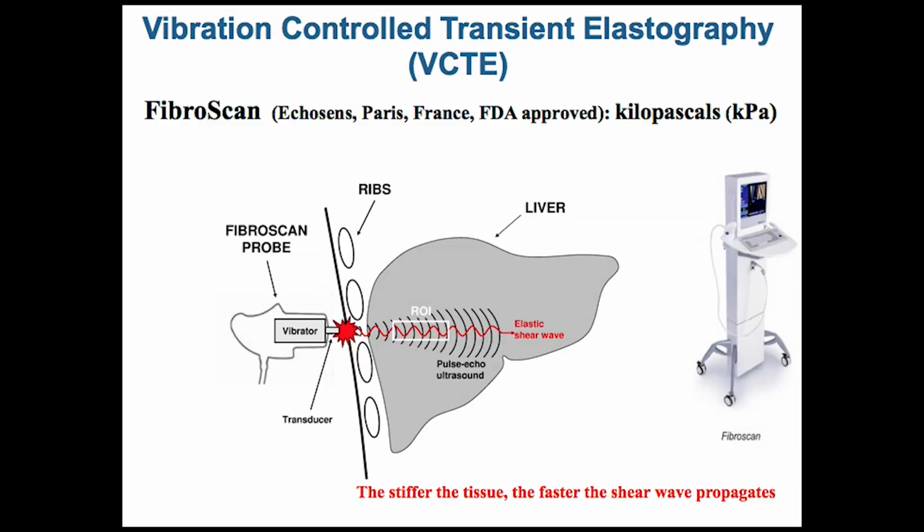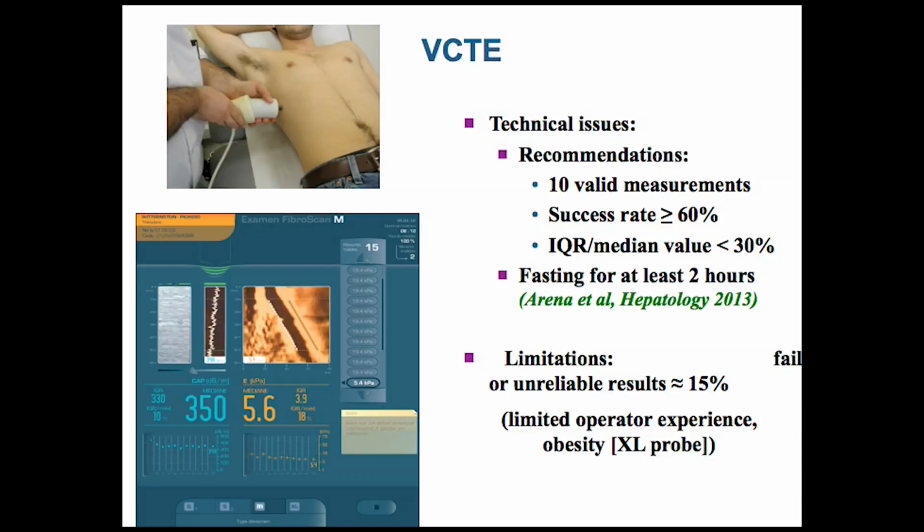As shown here, FibroScan measures the velocity of an elastic shear wave propagating through the liver. This shear wave is generated by a vibrator within the FibroScan probe, but it's painless. And the stiffer the tissue, the faster the shear wave propagates.